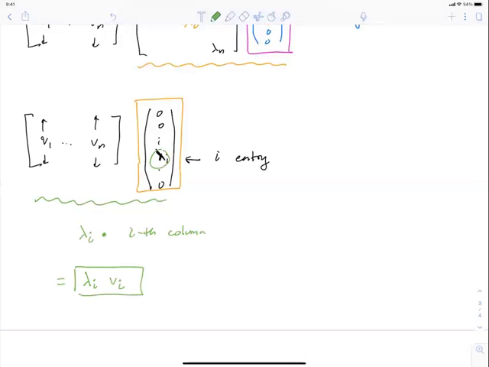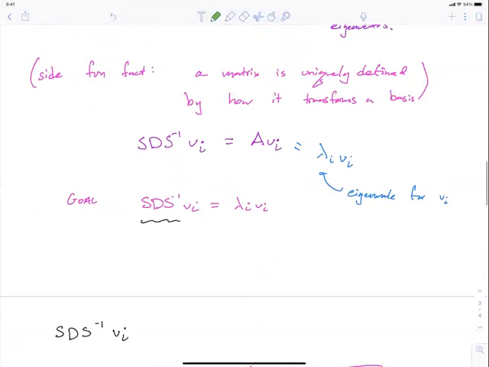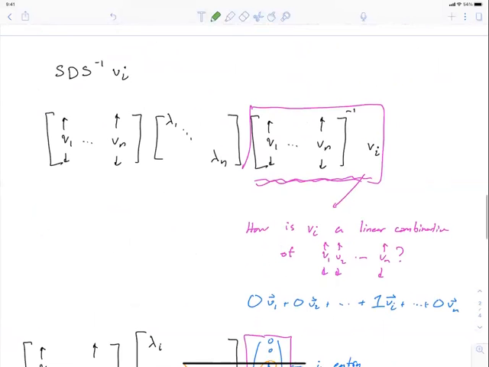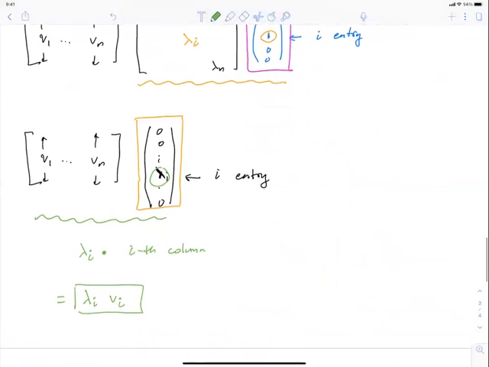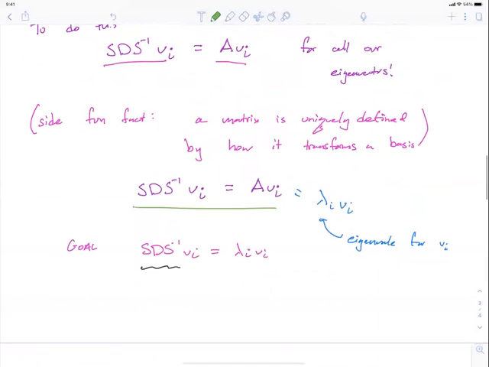And so now we're done with this direction. We've shown that, in fact, if we started with v_i and did S D S inverse, that actually gives us lambda_i times v_i. And since that's what we get for A, they coincide on a basis. And since every matrix is uniquely defined by how it transforms a basis, this says S D S inverse is actually A.